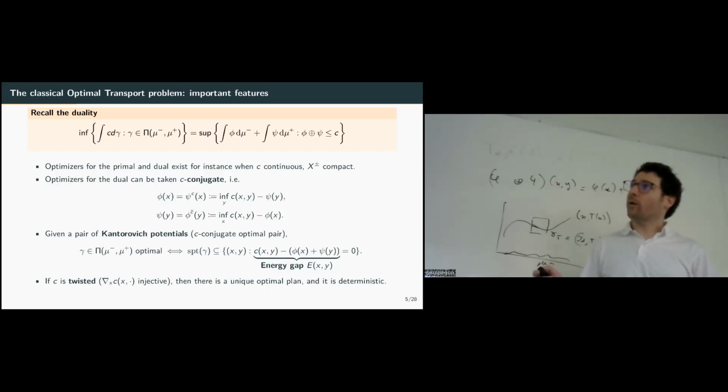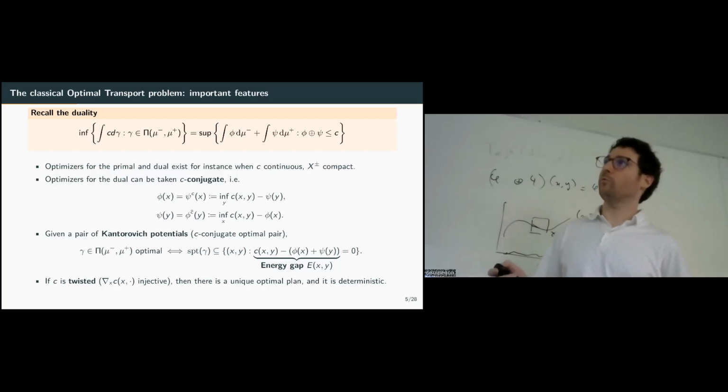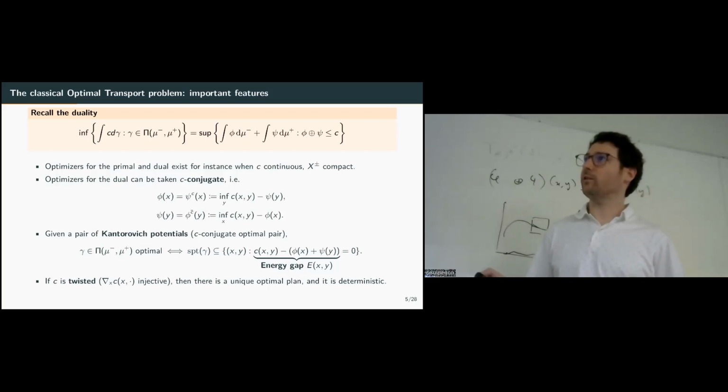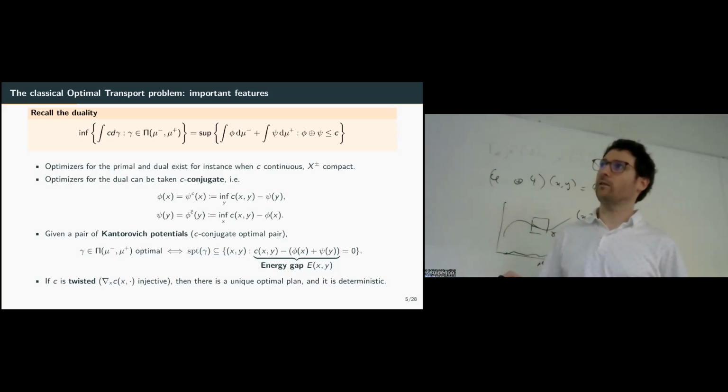And for the dual problem, actually, once you have optimizers, you can take them in a very special way. You can take them to be c-conjugates in this sense. So once you have a psi, you can define this function of x, inf over y of c of x,y minus psi of y. This is called the c-transform of psi. And you can do the similar in the y variable. This is called the c-transform of phi. And you can assume that phi is the c-transform of psi, and psi is the c-transform of phi.